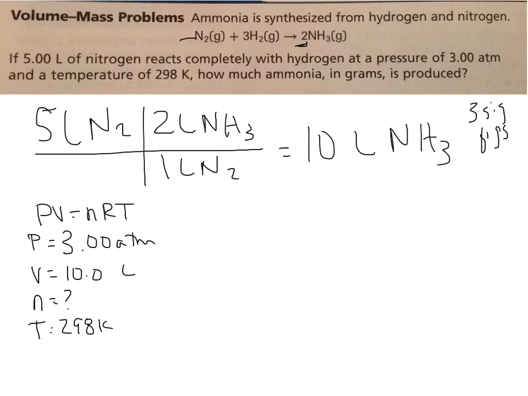Okay, so let's go ahead and use the value of R for atmospheres, which is 0.0821, and that is liter atmosphere per mole Kelvin. And so let's plug this all in.